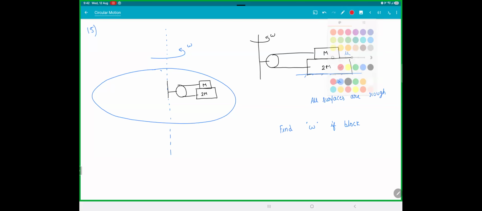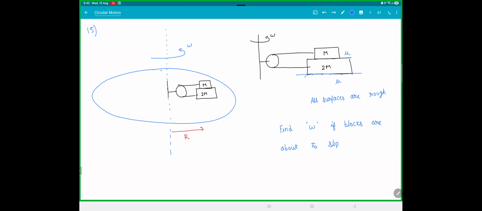And this distance is r. You can treat the blocks as point objects. So again, in all our problems, we will always keep the observer at the center. Our observer is always standing at the center and looking at the blocks. So keep it simple.